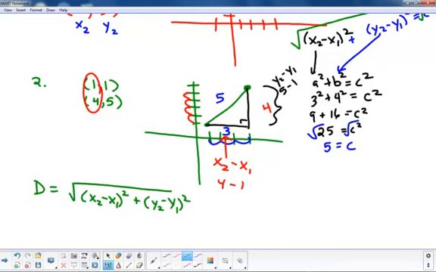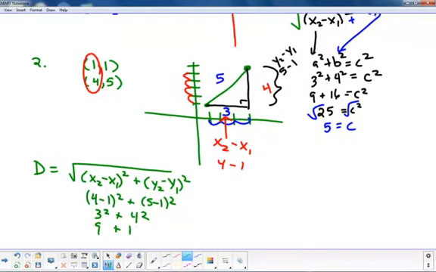If we did the same problem with just this formula, we would have 4 minus 1 squared plus 5 minus 1 squared. That's 3 squared plus 4 squared, 9 plus 16. And then when you take the square root of your 25, you still get 5. Same exact thing as right there.